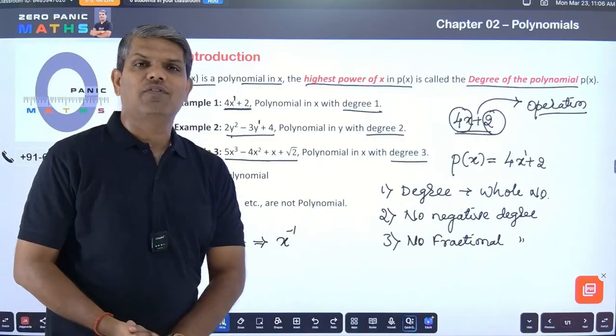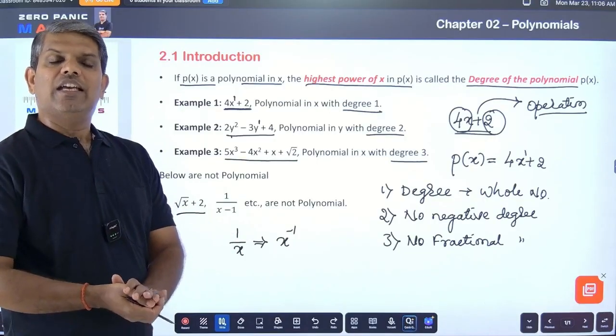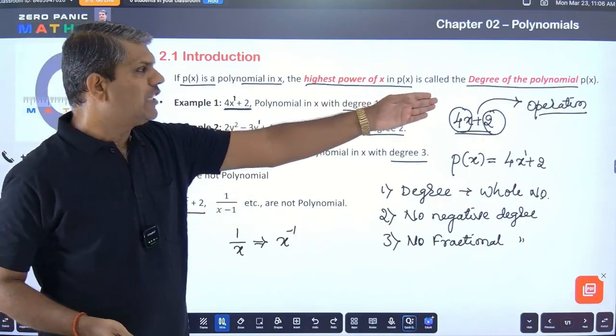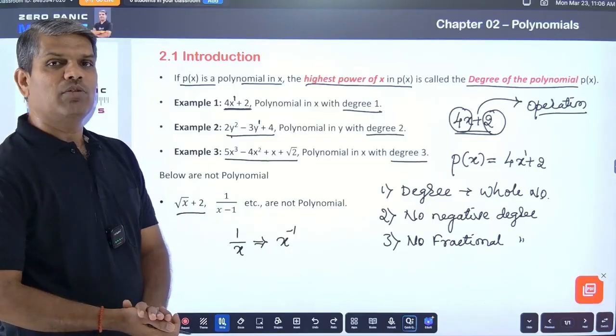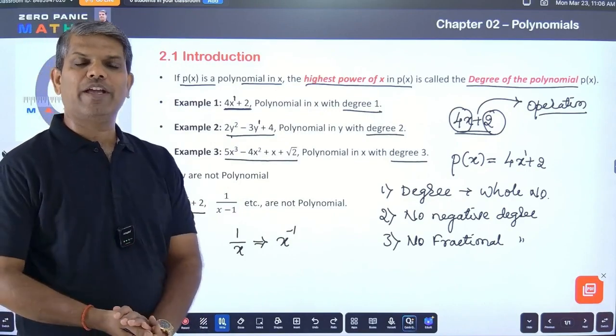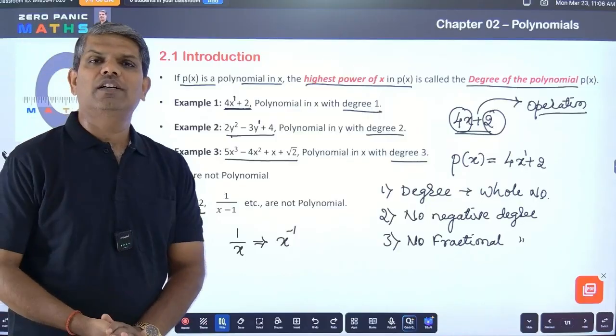So these are the features that you can remember. Any equation in some variable x is called a polynomial if the degree of that polynomial is a whole number. So this is the introduction of the polynomial.